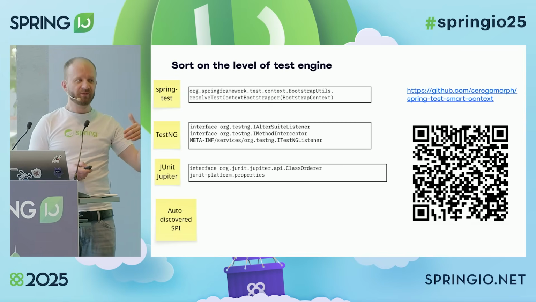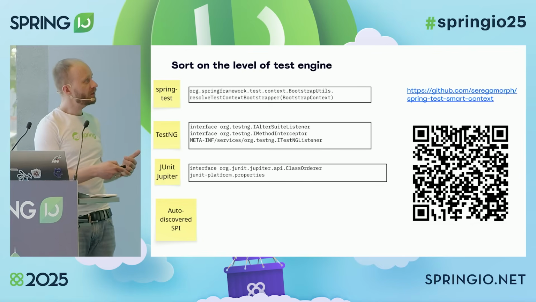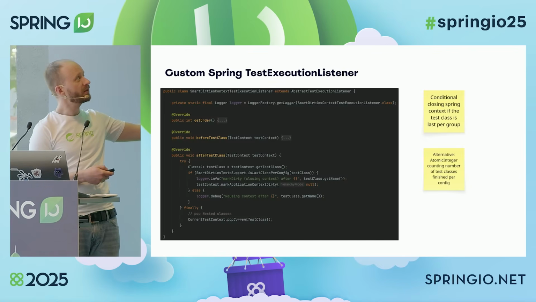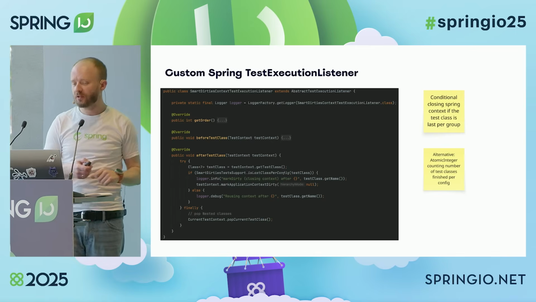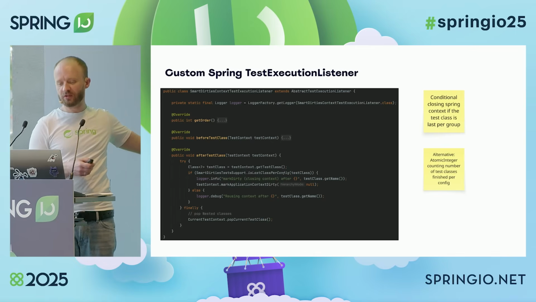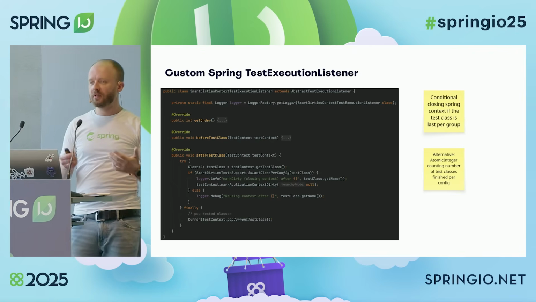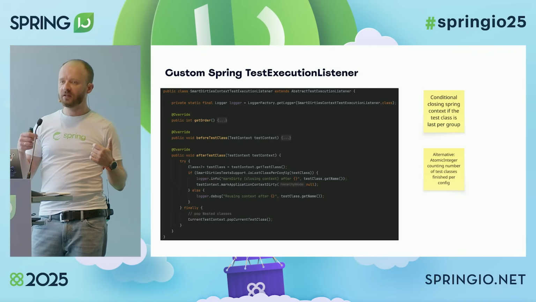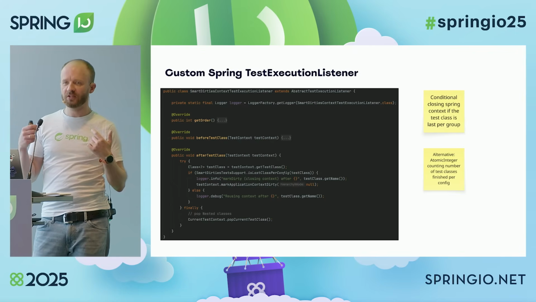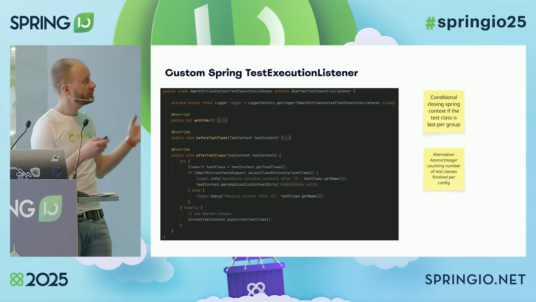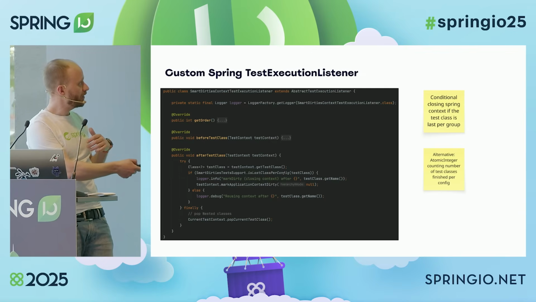Then we save the order of those tests because we need it for the second part, the execution listener. This is the execution listener that will eagerly and automatically close the Spring context which is not needed anymore. So that's briefly it.